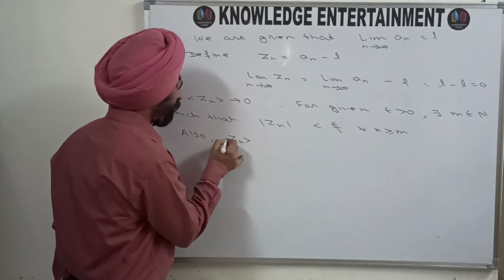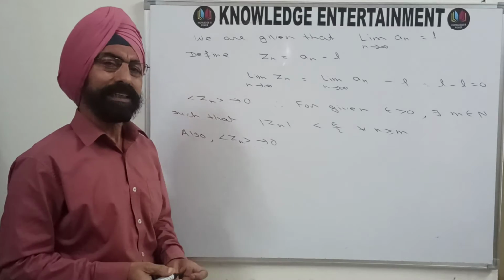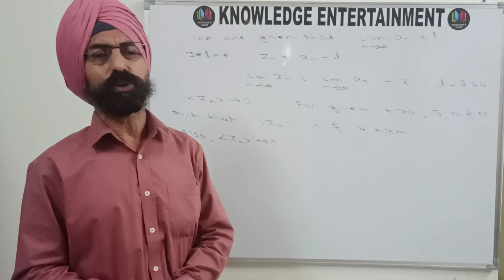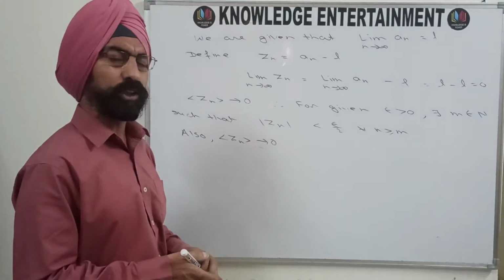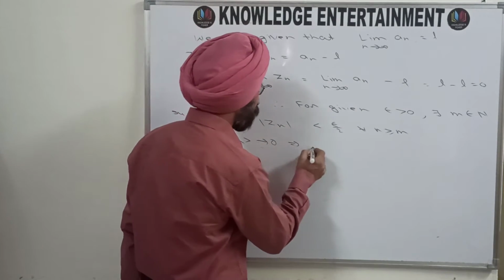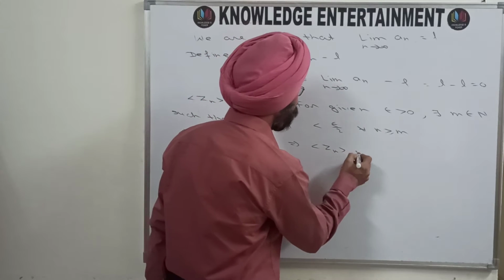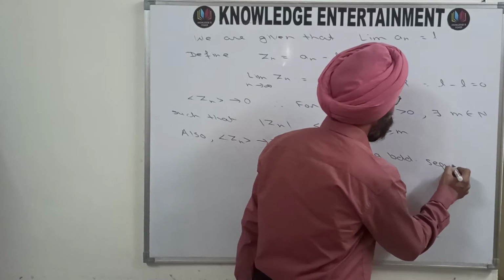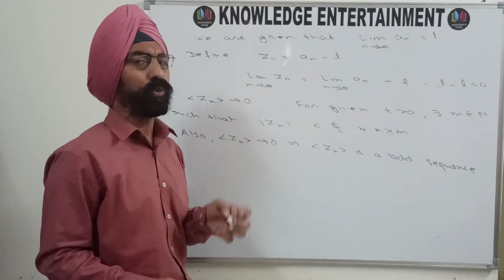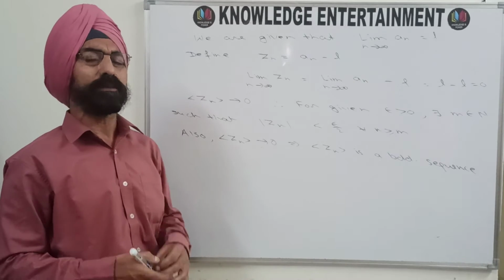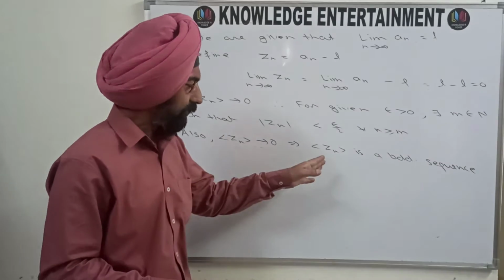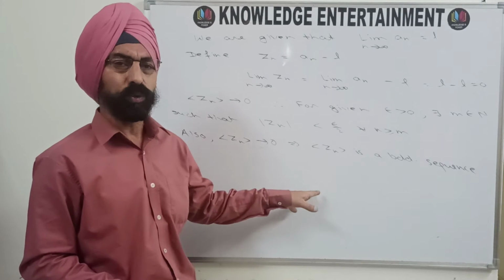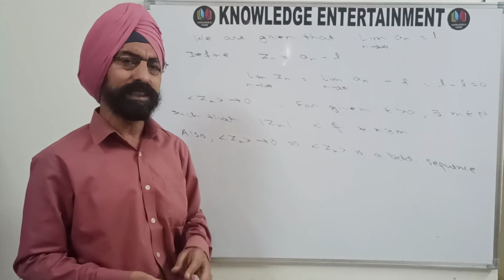Also, Zn converges to 0. That means this sequence Zn is a convergent sequence, and we know that every convergent sequence is bounded. So that means Zn is also bounded. And since Zn is a bounded sequence, there must exist some real number k such that every term of the sequence, its absolute value, will be less than k.